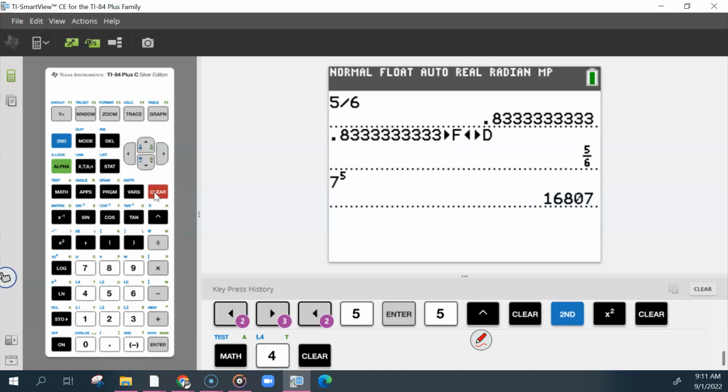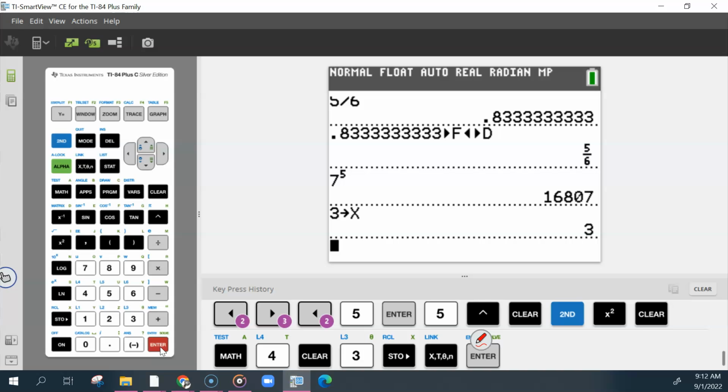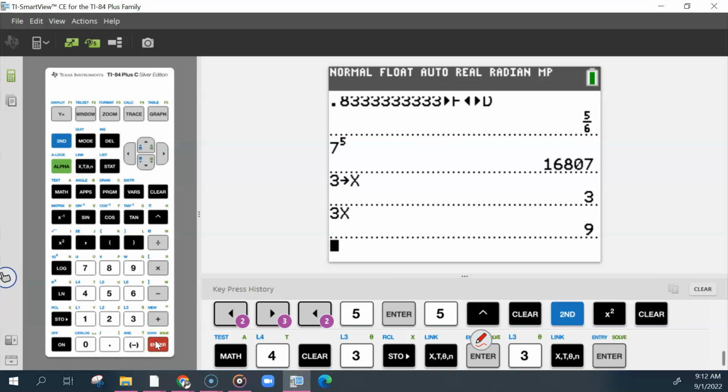If I type in 3 and then this STO button, and then I hit x, you can hit x a couple different ways, either alpha and find x, or just hit this button right here, right next to alpha. Then hit enter. Now every time you put in x, 3 is going to be in its place. So if I do 3x, I'm going to get 9 because it's doing 3 times 3.